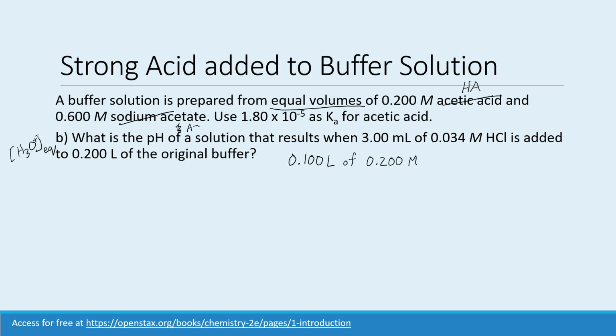The sodium acetate, we're going to mark that out and write it as A negative. So we used 100 milliliters or 0.1 liters of a 0.2 molar acetic acid solution, HA, that's our weak acid. We also used 0.100 liters of the 0.6 molar weak base, the sodium acetate, to give us an overall solution of 0.2 liters. Right, so those two added together would give us the 0.2.